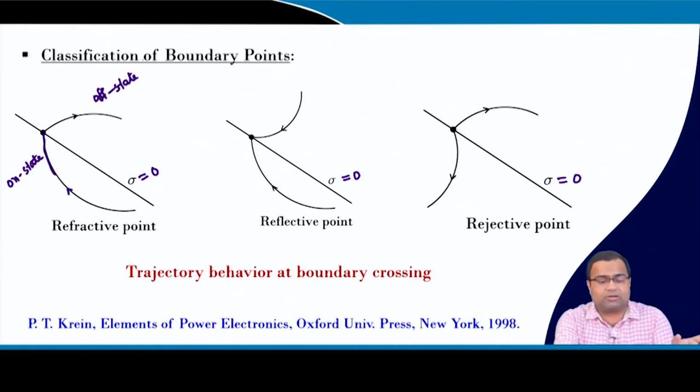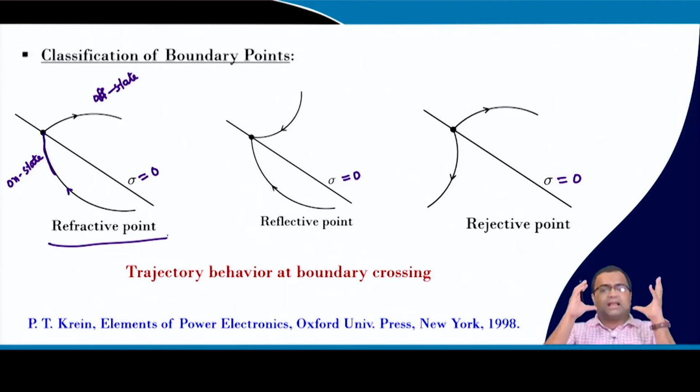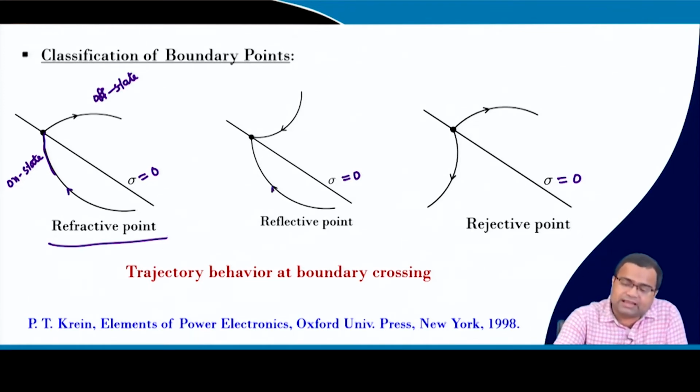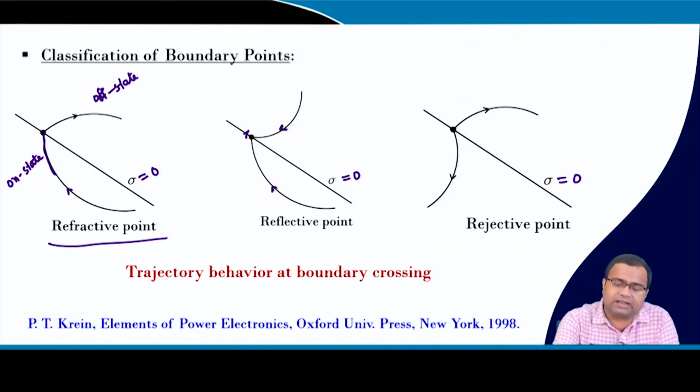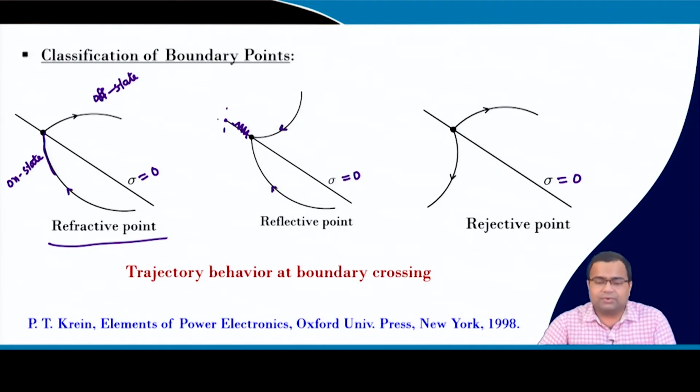This is called a refractive point, and such a concept is used to achieve time optimal recovery. But if both side trajectories are towards the switching surface, then you will slowly achieve the sliding motion. The trajectory will chatter and go towards the origin.